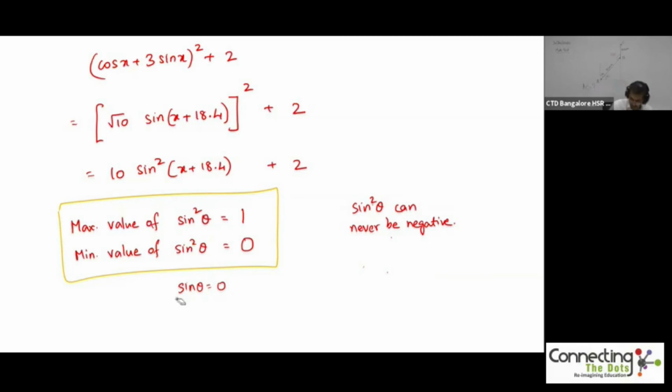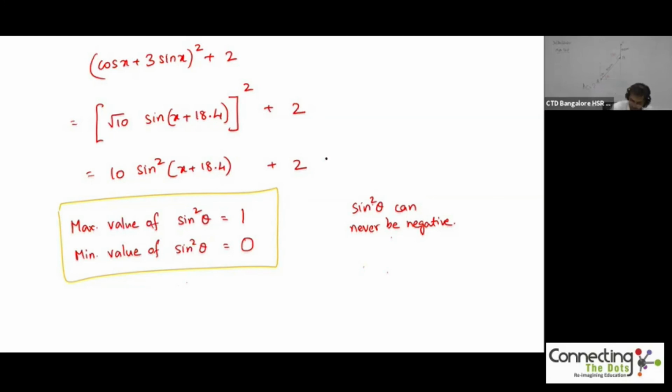That's the reasoning. So now we have the two things we're looking for. See, the beautiful thing about this is the value of 10 never changes in our expression. The value of 2 doesn't change. None of those change. So we get the highest value of that thing when the sine has the highest value.